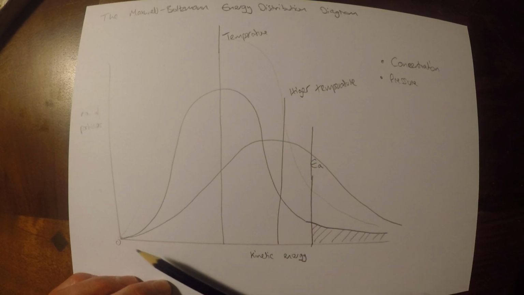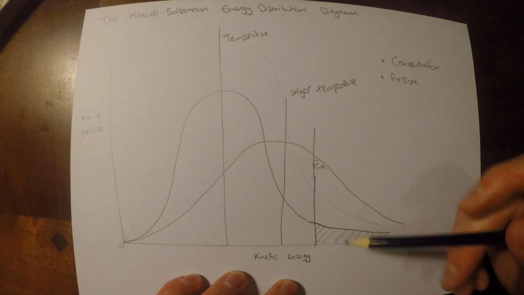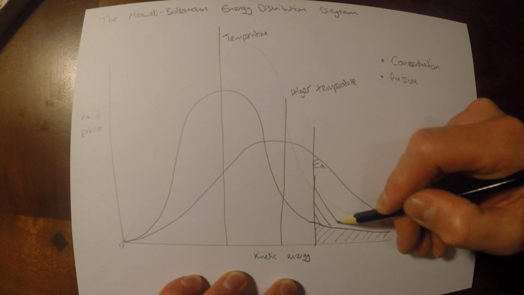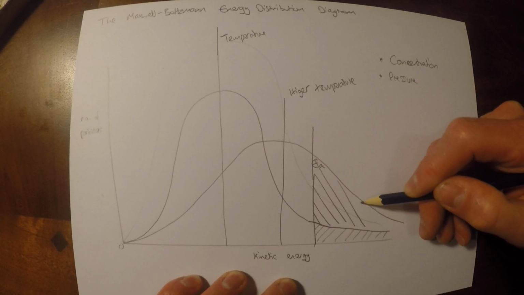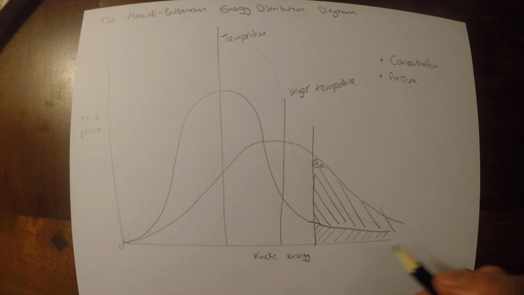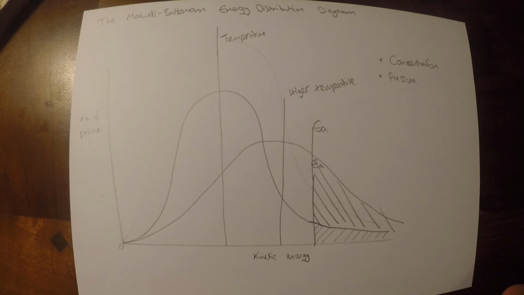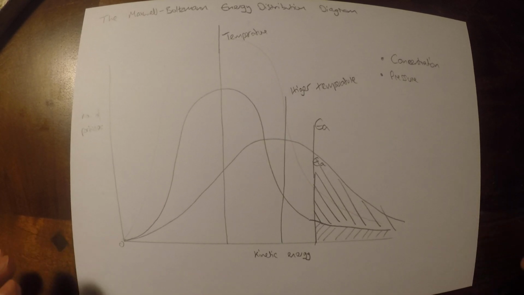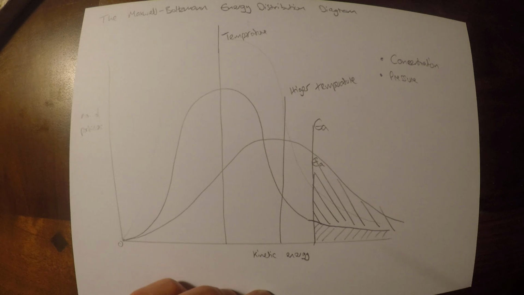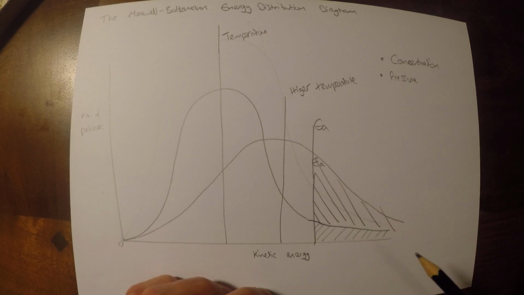So we have the same area in the curve. However, we now have significantly more particles with an energy which exceeds the activation energy. So significantly more particles as a proportion of the total number of particles are now energetic enough to react and can take part in the reaction, and therefore the rate of the reaction is going to be significantly faster.